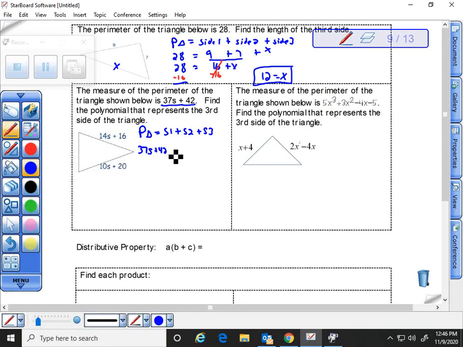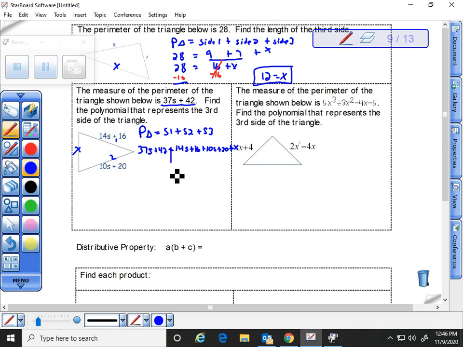Be careful with your s's. One of the sides is 14s plus 16. The other side is a plus 10s plus 20. And then the last one we'll put as x, so plus x.